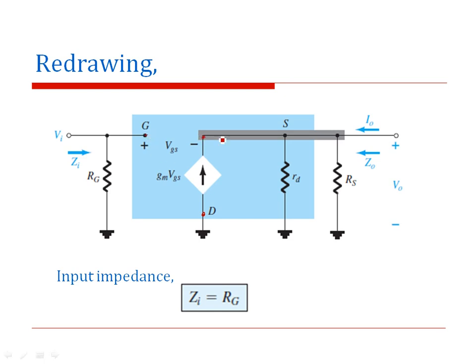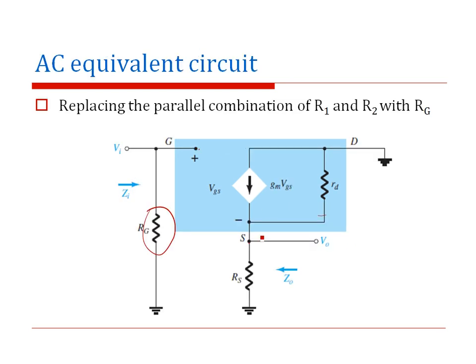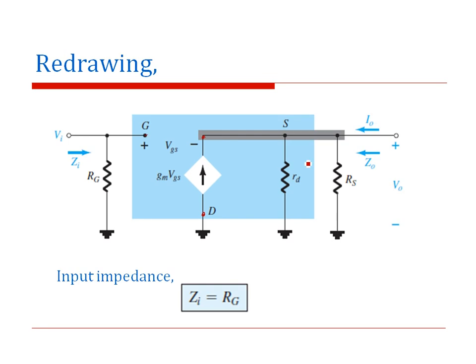So the source is common now, and you have the rd and RS connected to ground from the source. That is what is drawn here. rd is connected from the source to ground. This drain is ground, and RS is connected from source to ground, and you have just redrawn the circuit. So here you see the input impedance Zi is nothing but RG, which is a parallel combination of R1 and R2. What about the output impedance?